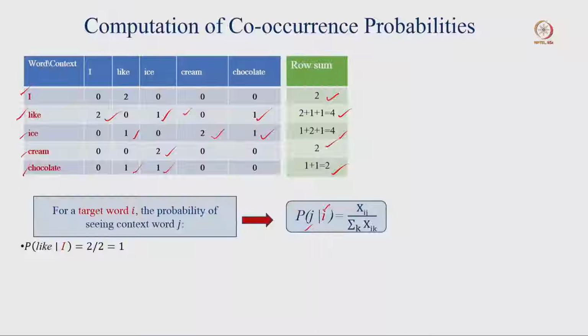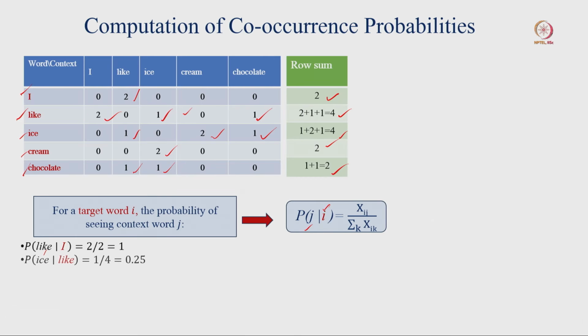The target word is "I" and the context word is "like". So, the probability of "like" being the context word given "I" as the target word is equal to 2 by 2. How is it 2 by 2? We have seen here "I" and "like" was 2, divided by the row sum, which is 2. So, that is 2 by 2, which is equal to 1.